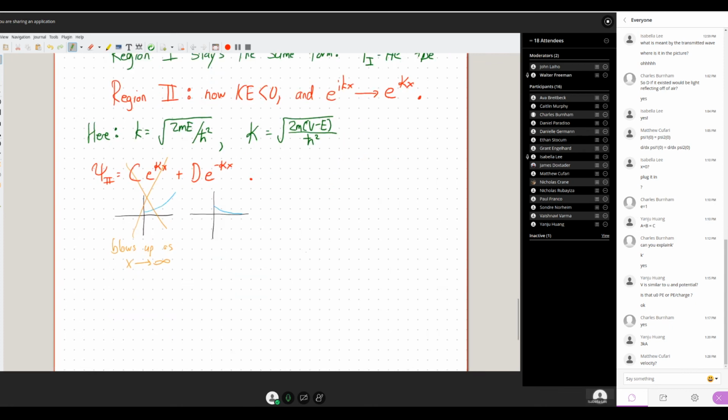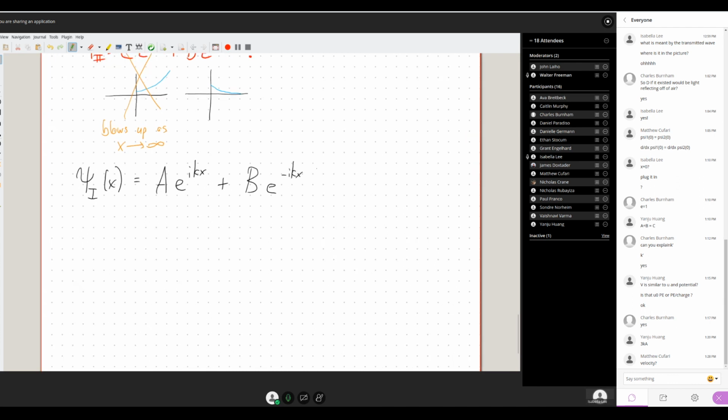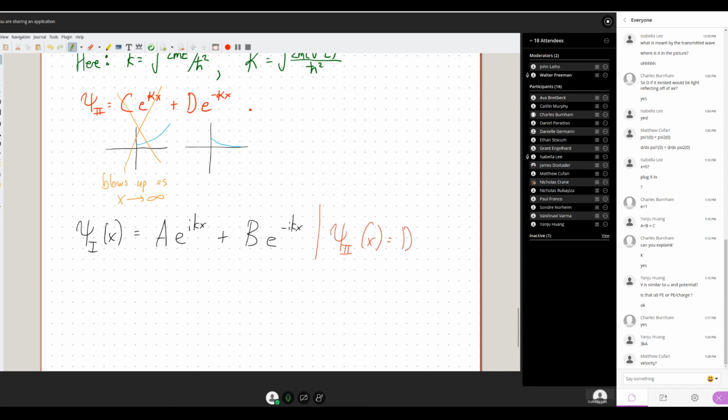Yeah. So my wave functions then: psi 1 of x is again A e to the ikx plus B e to the minus ikx, and psi 2 was D e to the minus kappa x.